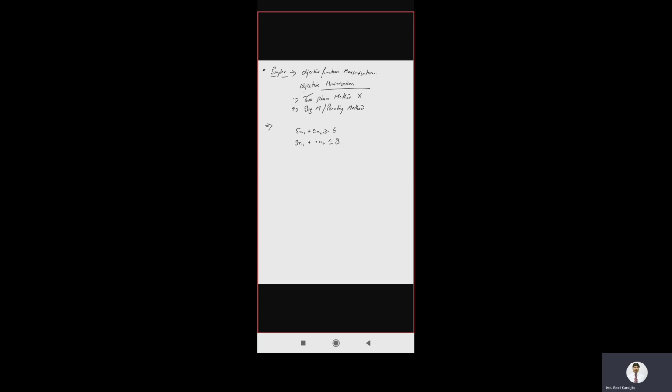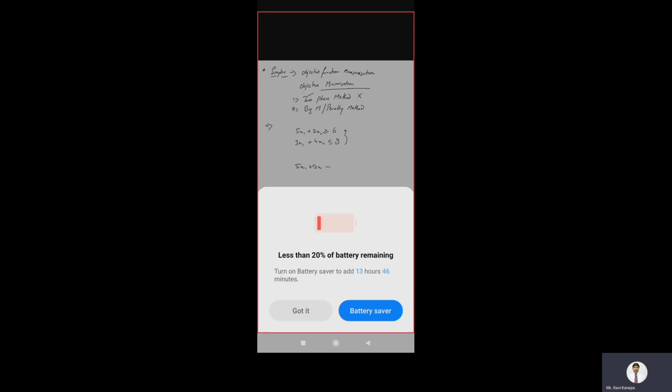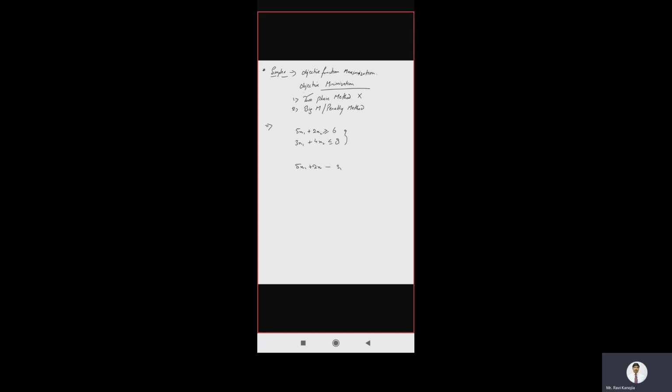Now, if I convert these inequalities into equations, from the first equation it is clear that we have 5x1 plus 2x2, and I need to subtract something from the left hand side. So subtract s1, is equal to 6. And then in the second equation, I write 3x1 plus 4x2 plus s2 is equal to 8.